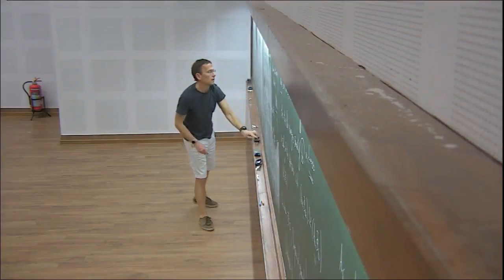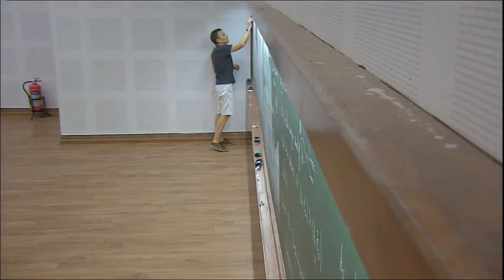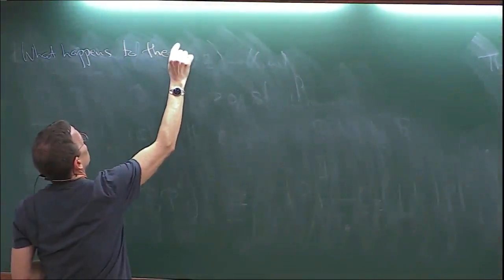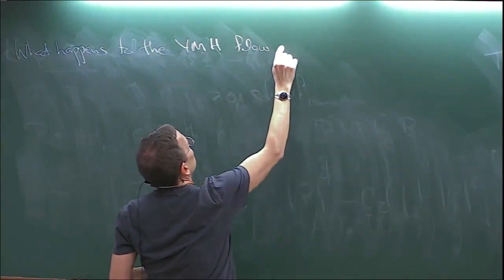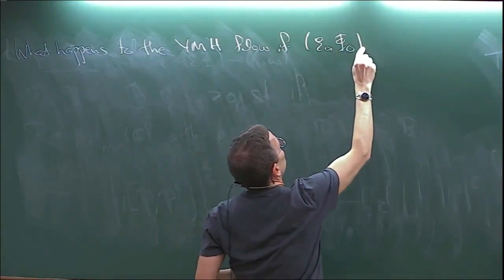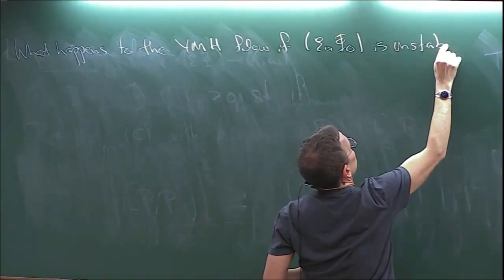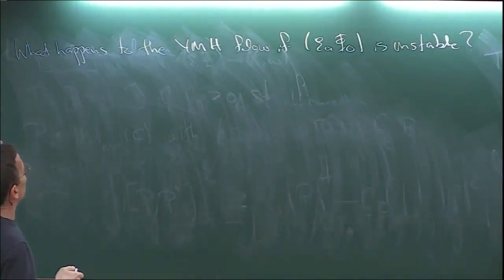So the main question is, what happens to the Yang-Mills flow or the Yang-Mills Higgs flow if the original Higgs bundle is unstable? I want to give a complete answer to this question.